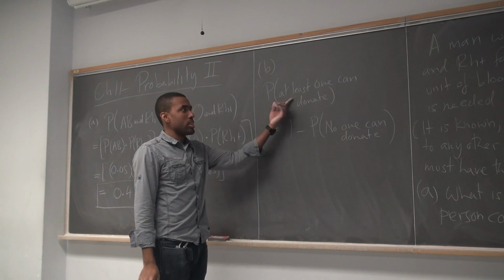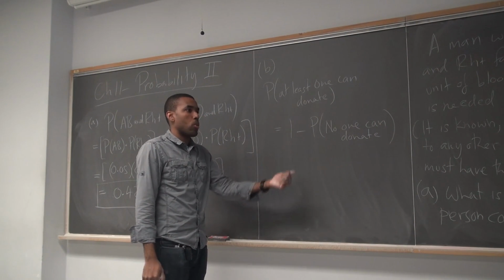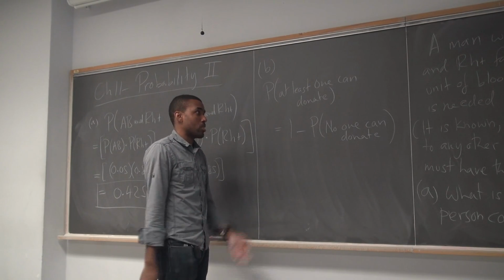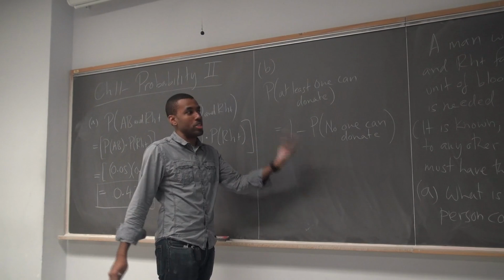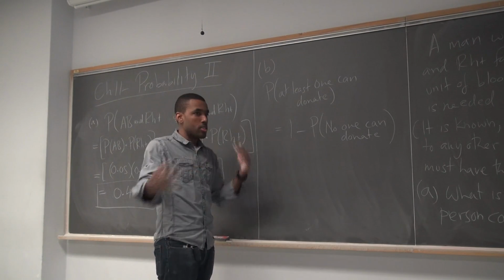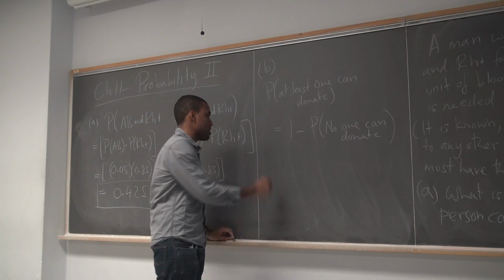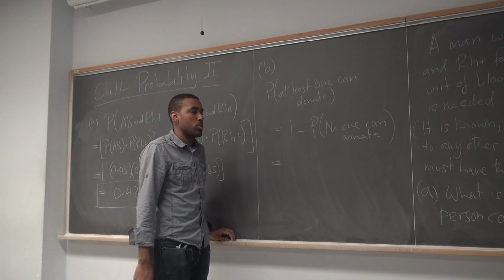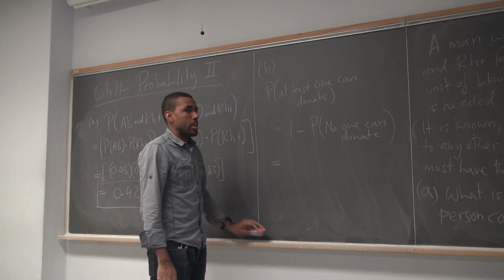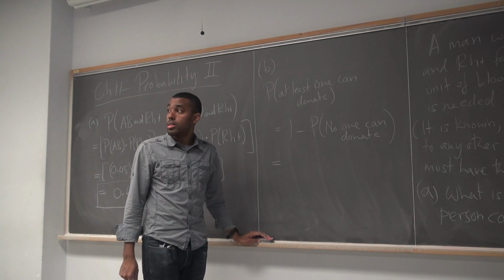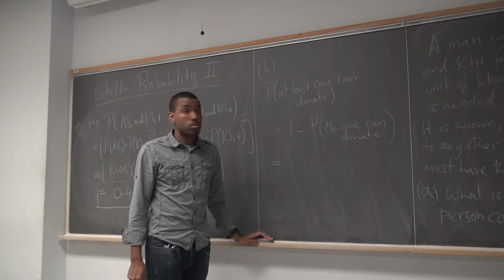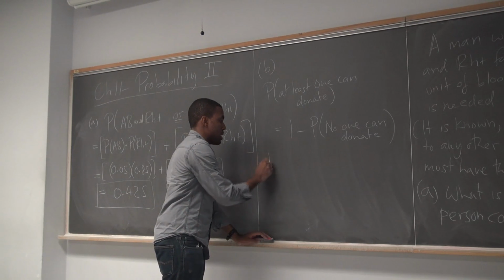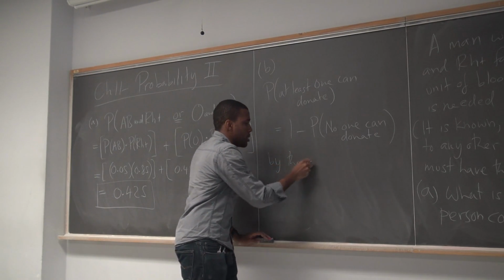Where at least 1 can donate, you can say only 1 or 2 or 3 or up to 7 can. The first person can do it but the second can't, or the second can but the first can't. There are tons of possibilities here. But there's only one possibility for no one to be able to do it. So how would that happen? I'm using the complement probability.